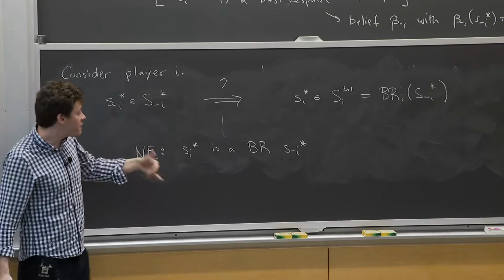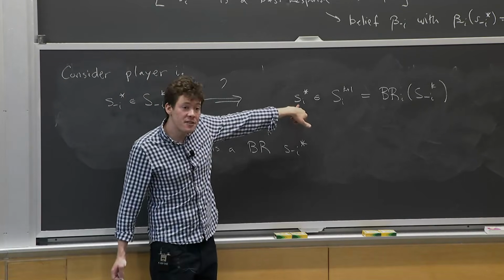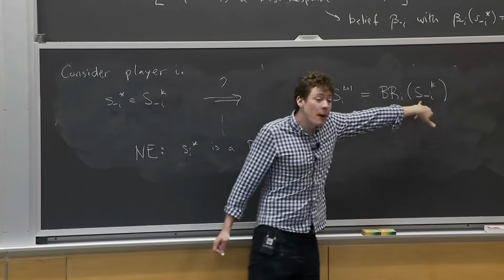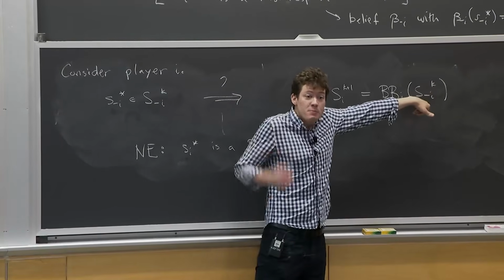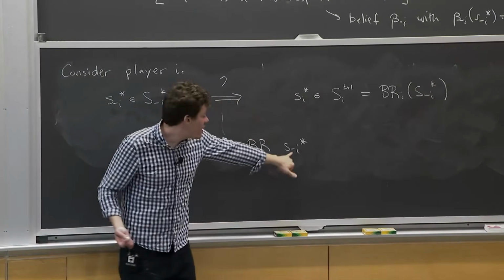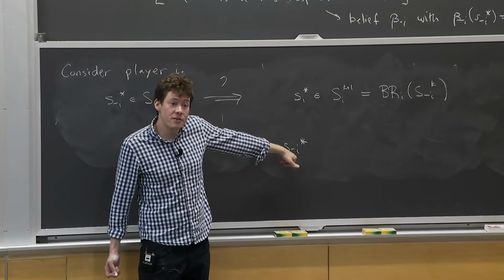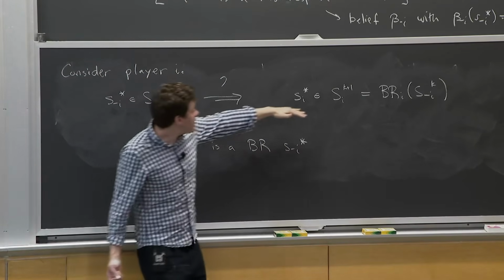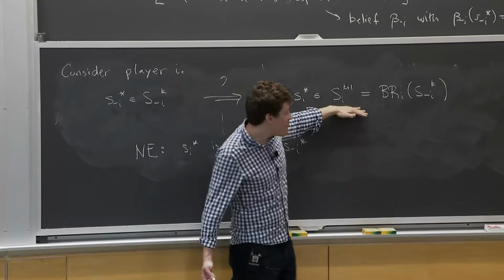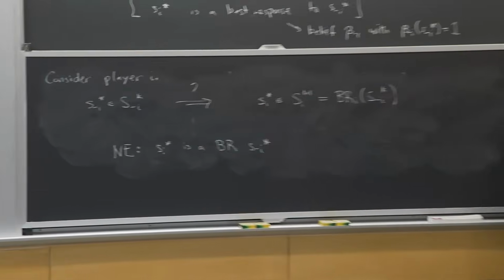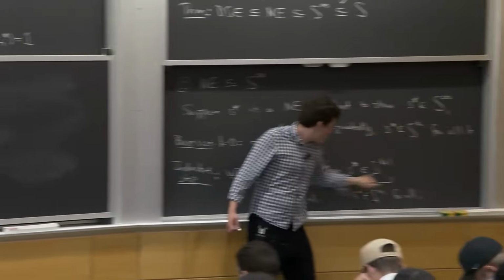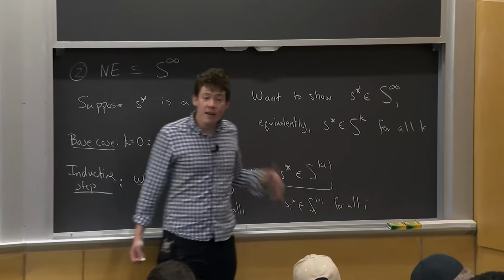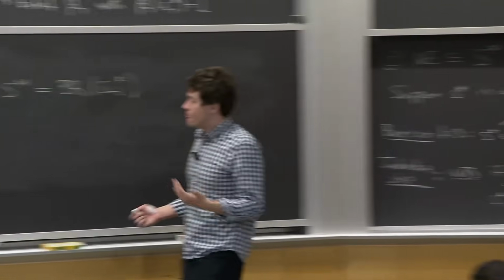So it just follows by definition that SI star is a best response to some belief about things in S negative IK. Specifically, it's a best response to the belief that puts all the probability on this strategy. So we're done. We've shown that SI star is in SI k plus 1, and if we reason exactly the same way for all the players, we'll show that this holds for every single player I, and now we've completed our inductive step.